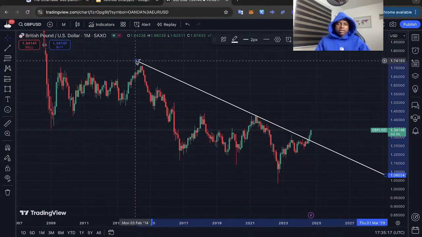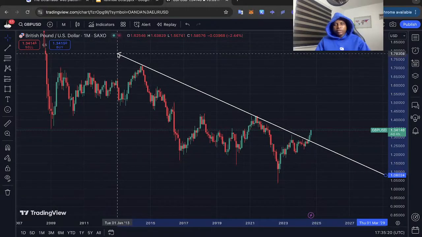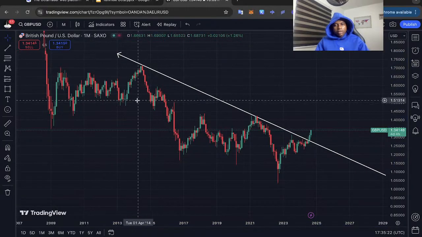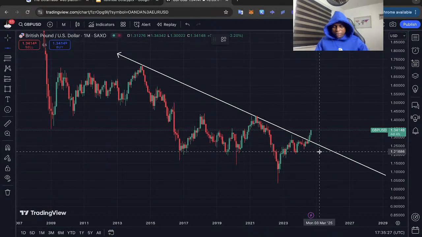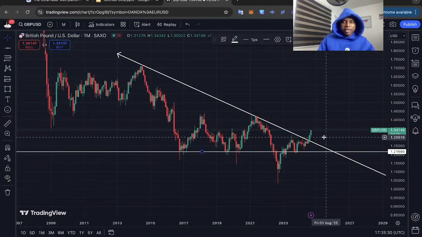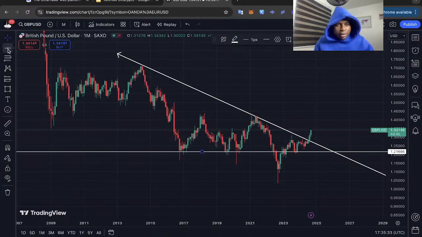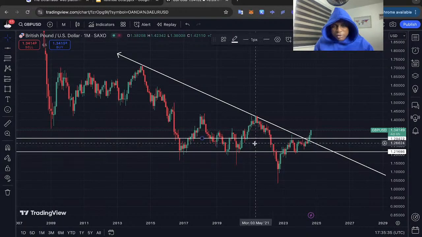So we've looked at it, the market has moved down, and then here we have key levels that we are looking at. Here is the key level, alright? We also have a key level here.